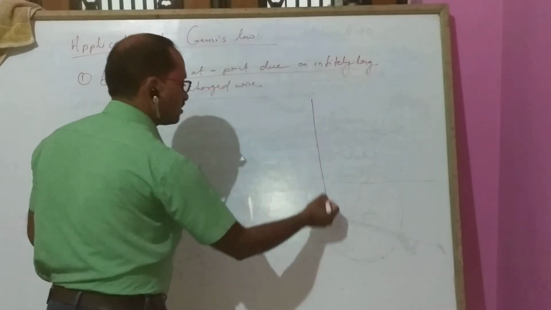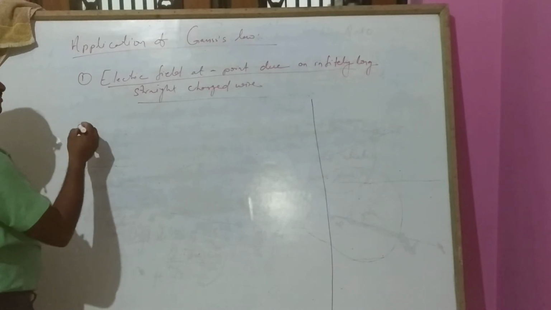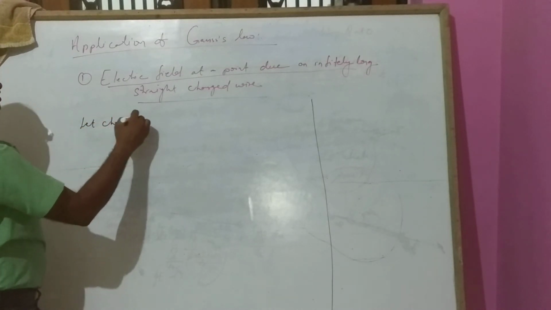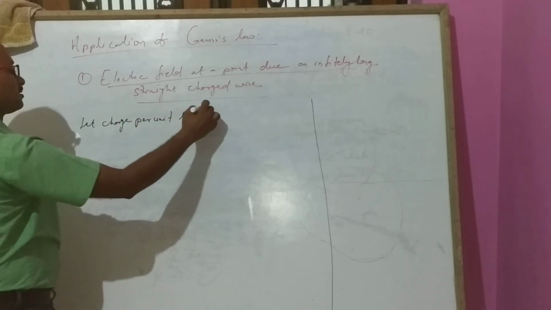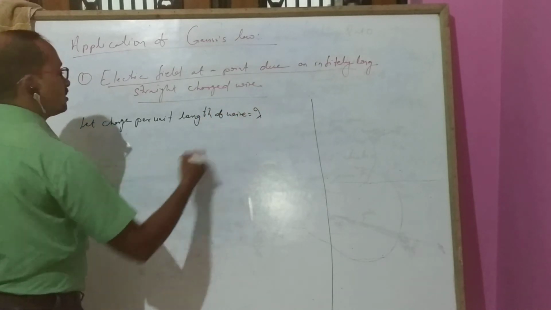This is an infinitely long straight charged wire. Let the charge per unit length of the wire be lambda.